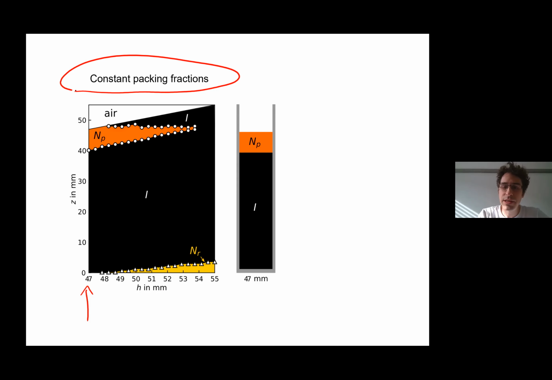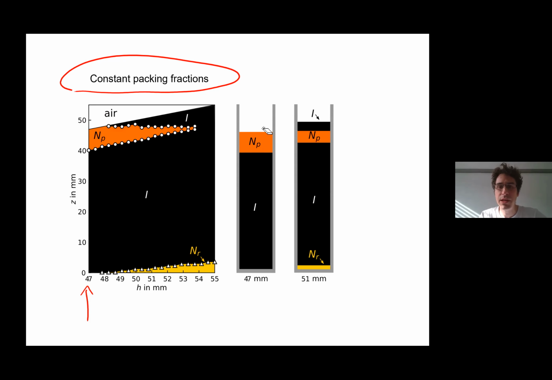If the height of the sample is 47 millimeters, then I have a bottom isotropic and top nematic of platelets. Now, if I increase the height, keeping constant the packing fraction of colloids, to 51 millimeters, then the sequence completely changes. There is a bottom nematic of rods and a top isotropic that appear there.